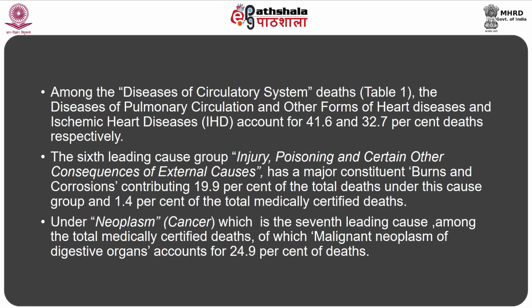The sixth leading cause group, injury, poisoning and certain other consequences of external causes, has a major constituent, burns and corrosions, contributing 19.9% of the total deaths under this cause group and 1.4% of the total medically certified deaths. Under neoplasms, cancer, which is the seventh leading cause among the total medically certified deaths, malignant neoplasms of digestive organs account for 24.9% of deaths.